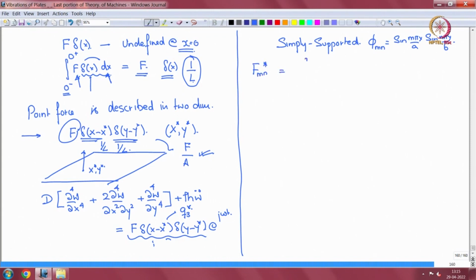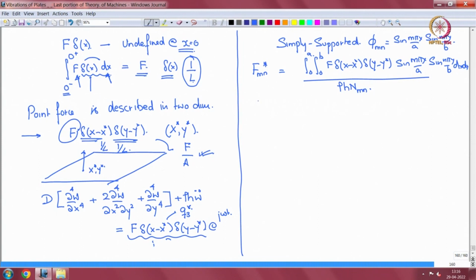Fmn star is integral 0 to a integral 0 to b f delta x minus x star delta y minus y star, we can ignore that e to the power of, in this form Fmn star is just a number, sine m pi x by a sine n pi y by b dx dy divided by rho h nmn.